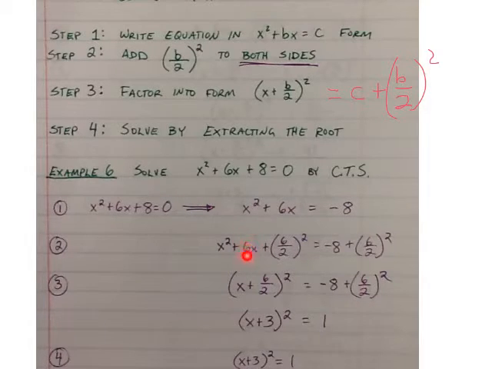So since b is 6, we take 6 over 2 and we square it, and we're going to add that to both sides. Some people simplify it in their head when they're writing. Half of 6 is 3, and 3 squared is 9. So we add 9 to both sides, and we get negative 8 plus 9 is 1.